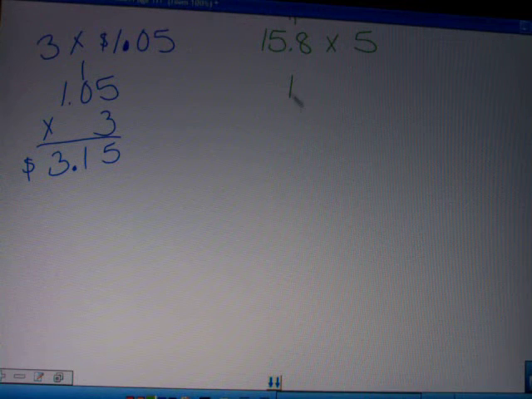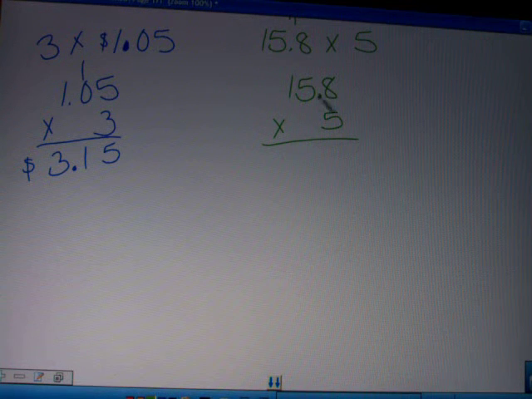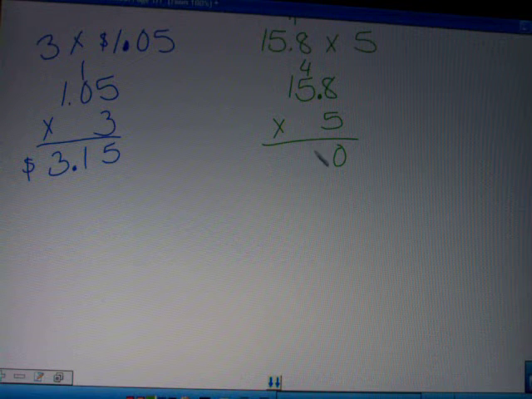So now going back and using our algorithm, I'm just going to plug in my tenths here. And I don't really worry about this decimal point until the very end. So 8 times 5 is 40. And 5 times 5 tenths is 25 groups of tens, plus 4 groups of tens is 29 groups of tens.